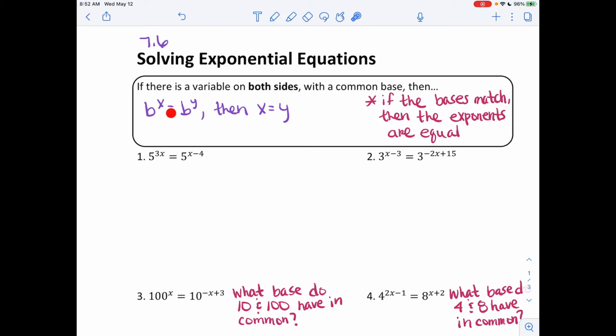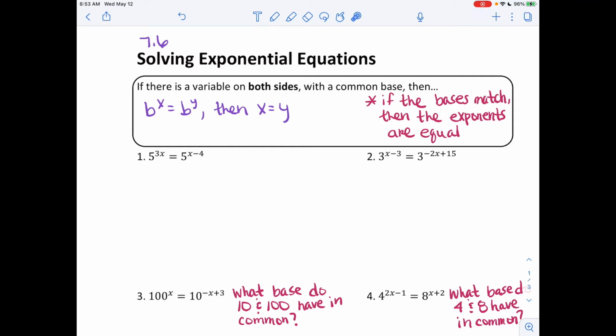If that is equal to the same exact base b raised to some other power that is also a variable or a constant or coefficients and variables, then the only way that this can be true is if x and y are equal. In other words, if the bases match, so if we have a b base on both sides, the exponents are equal, and we can simply solve exponent equals exponent.